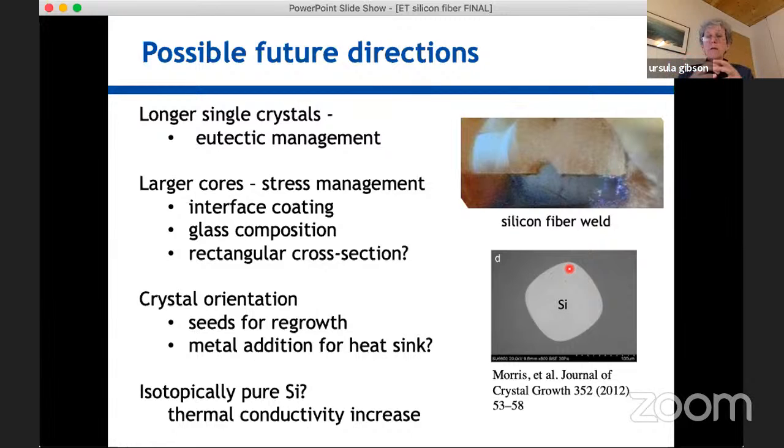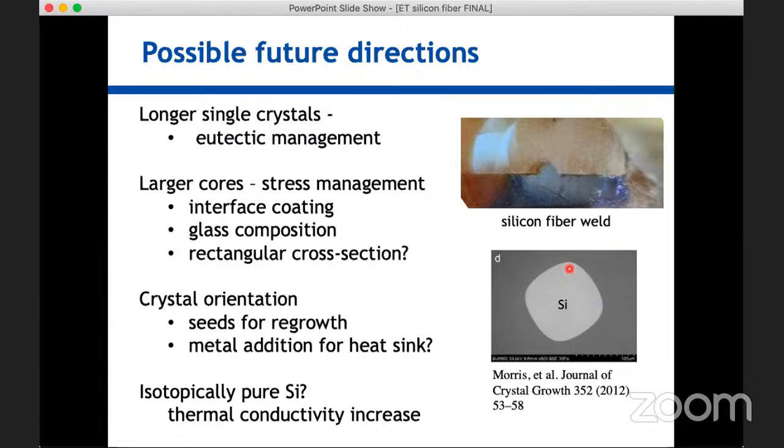When we go with cylindrical materials, bigger is harder using our technique because the silicon expands like 10% when it freezes. And if it's a big chunk of silicon inside a big chunk of glass, that freezing process can be destructive. That's where the interface coatings come in, and also some other things that we've been doing lately.